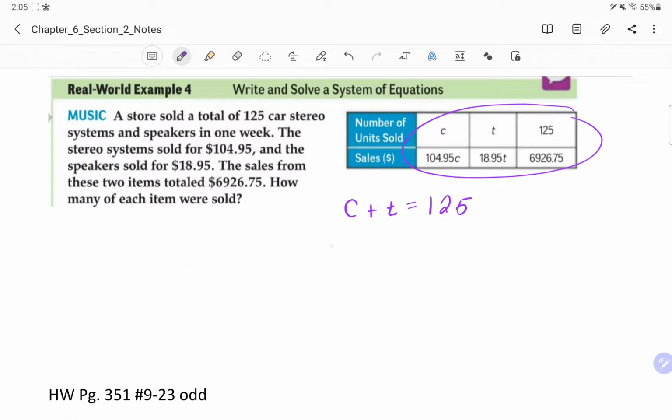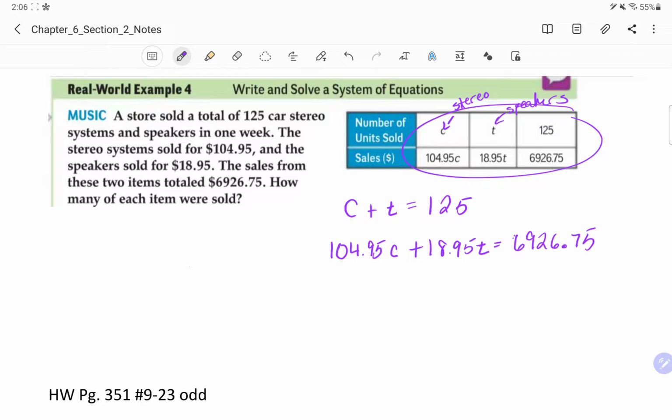I also know that if I take the price of my stereos plus the price of my speakers, I need to end up with $6,926.75. Oh, this is how much I made. This is talking about money. These are just talking about the number of systems of each one. And again, this is my stereo, and this is my speakers.